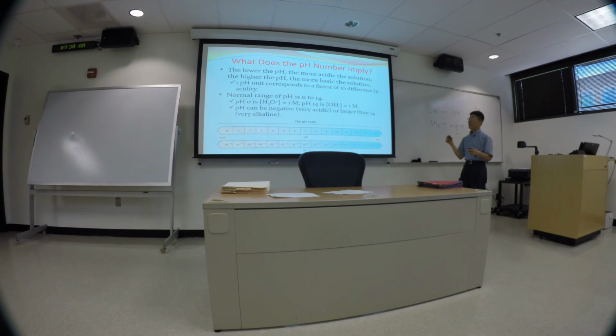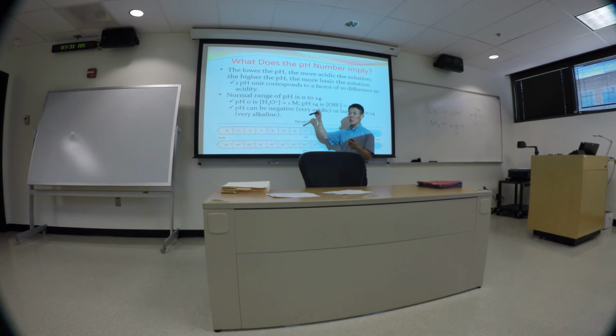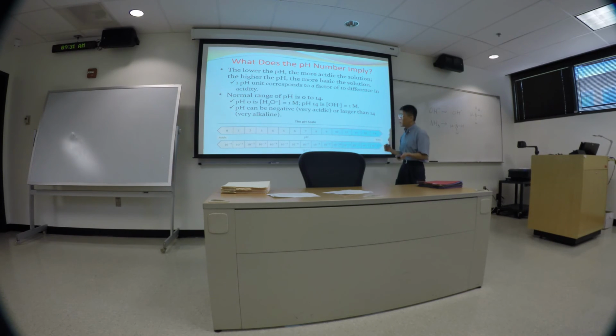Now, pH equal to 0 is when the concentration of hydronium ion equals 1 mole per liter. Well, that means log 1. Log 1 equals 0. So pH can be a negative number, because if you have a 0.1 molar HCl solution, for example, the concentration would be 0.1.